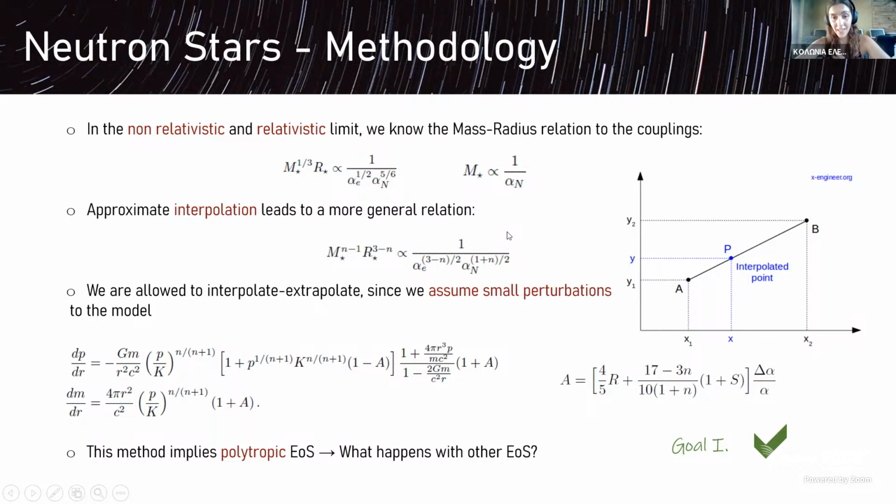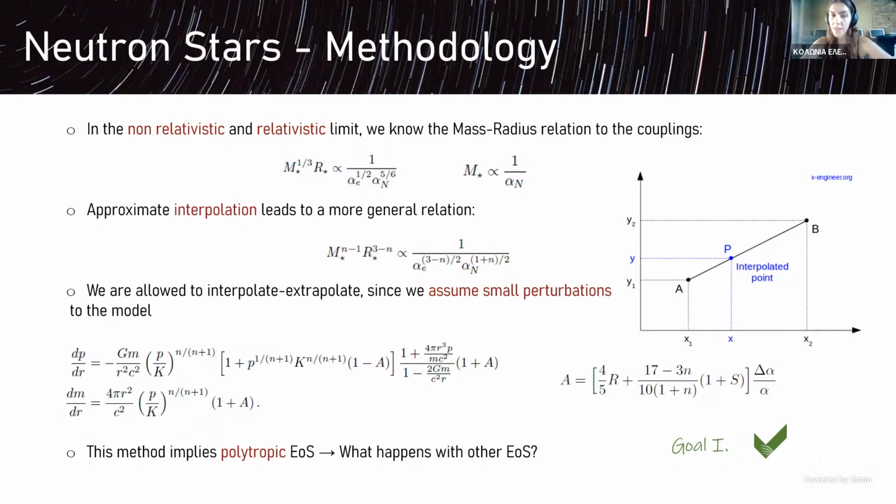What this means is something I'll explain using this graph. Imagine that A and B are the non-relativistic and the relativistic limits respectively. And we need to find maybe the mass radius relation at a point P that's between them. Because we assume really small changes of the fine structure constant, so really small perturbations to the model, we can assume that these two limits, A and B, are connected with a straight line.